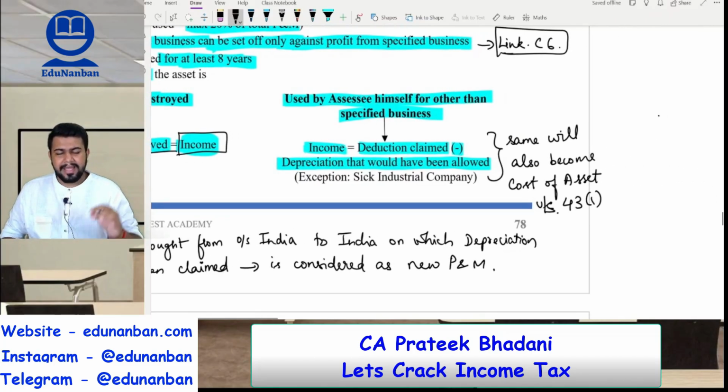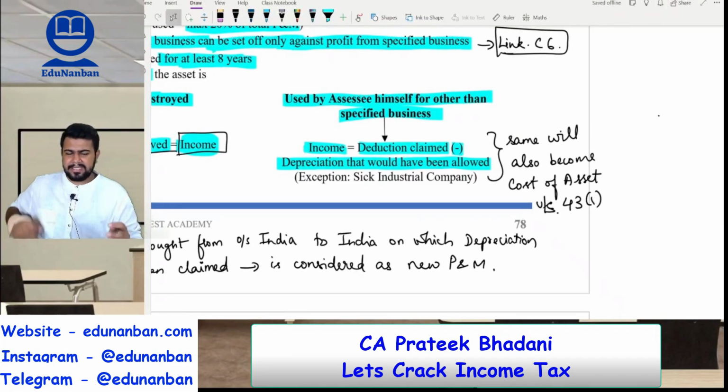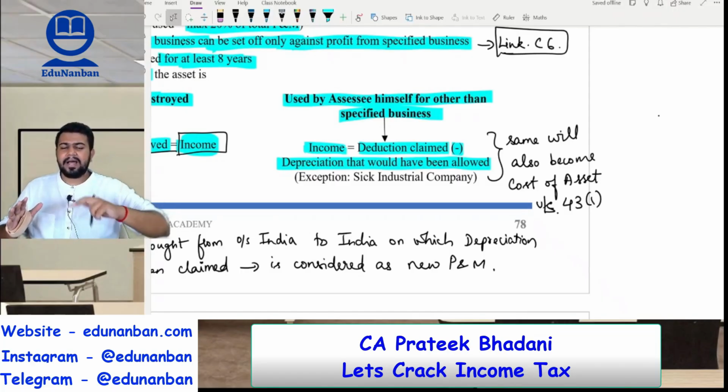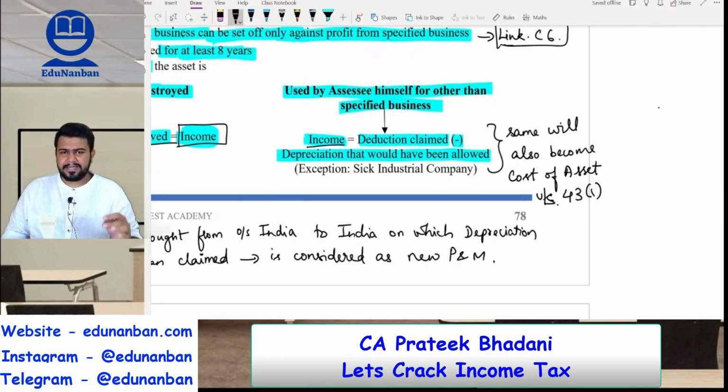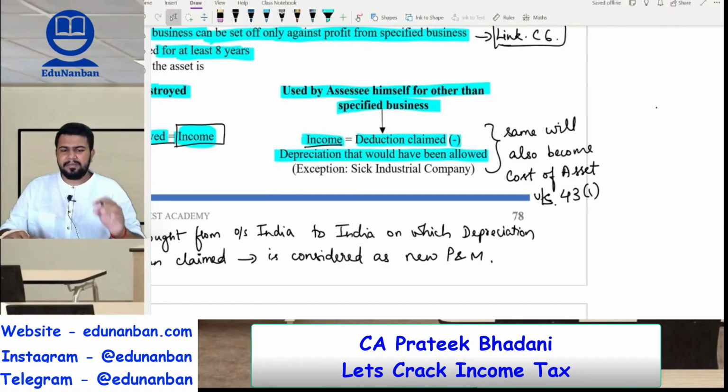And one more thing, if before 8 years itself the assessee uses the 35AD specified asset in a business other than the specified business, then the PGBP income will be deduction claimed under section 35AD earlier minus depreciation that would have been allowed had the 35AD deduction not been claimed.